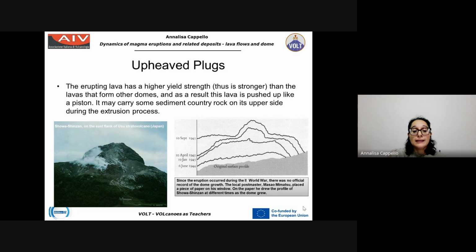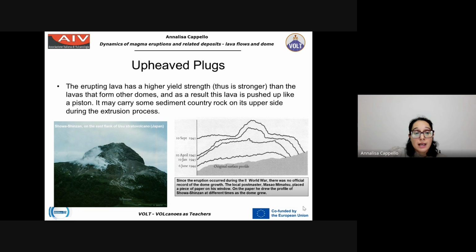So the result is that the lava is pushed up like a piston. And these piston-like extrusions often can travel very high above the surface and can also carry country rock sediment along with them, that can be found on its upper side.